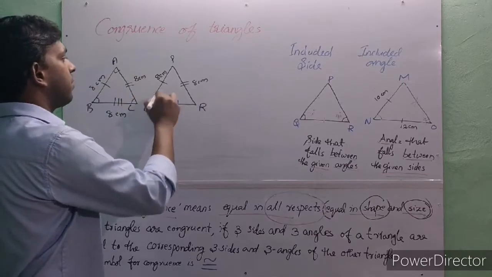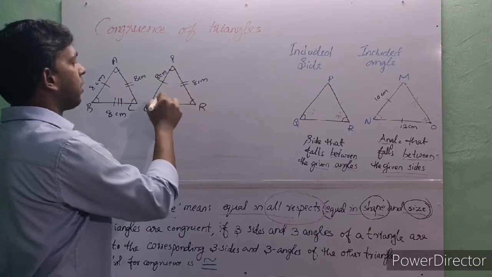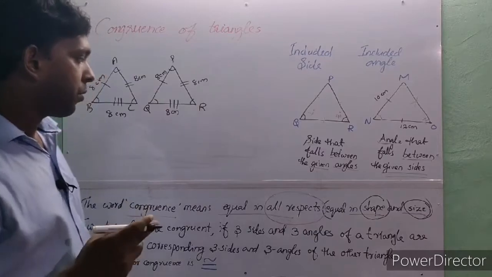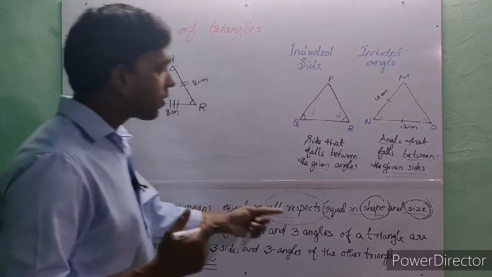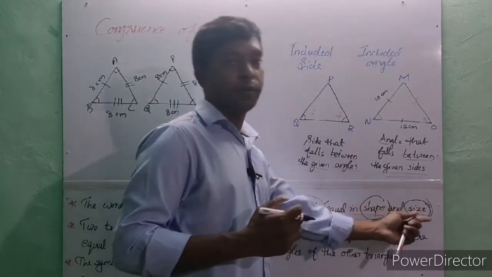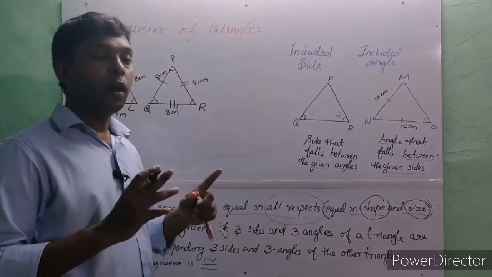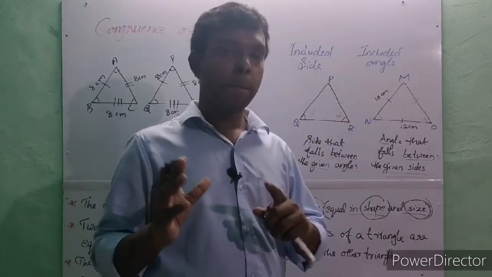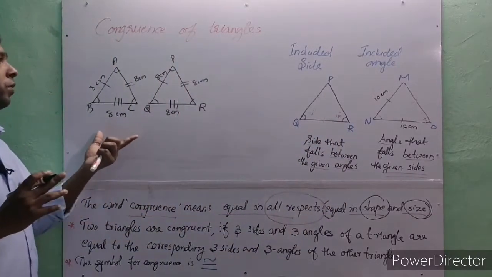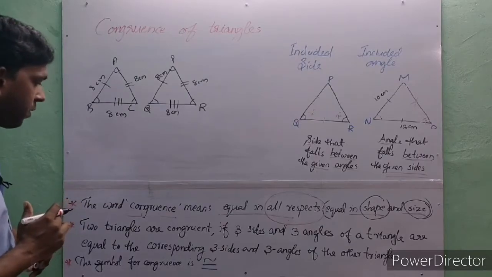Therefore these two triangles are congruent triangles. The word congruence means equal in all respects, equal in shape and size. If two triangles are equal in shape and size to each other, then we can call them congruent triangles.